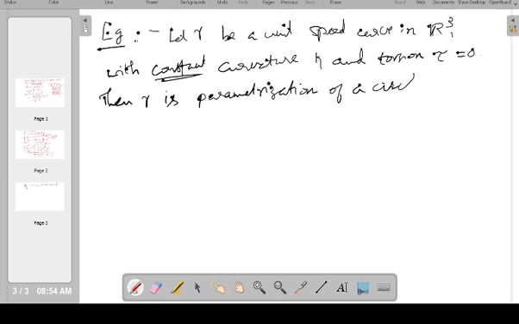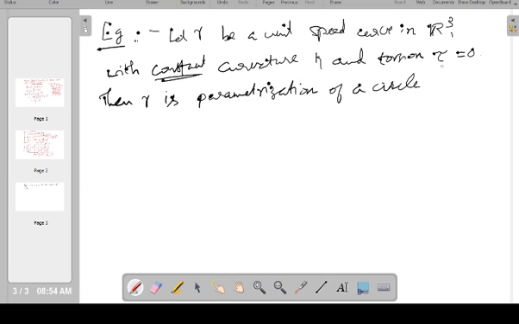Because curvature is constant means it must be a sphere. A sphere has constant curvature, namely the reciprocal of the radius of that sphere.